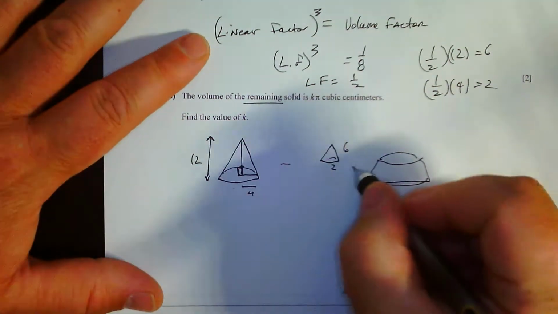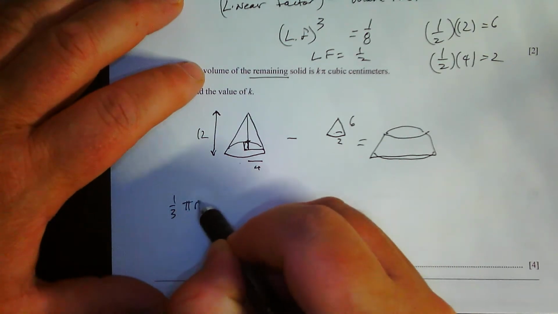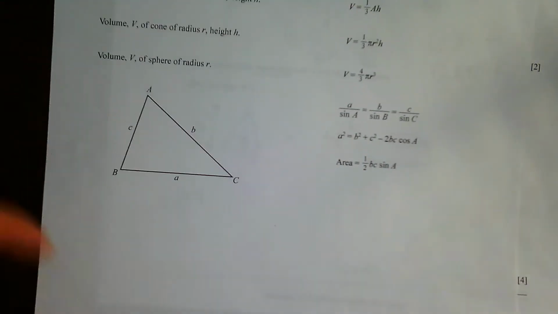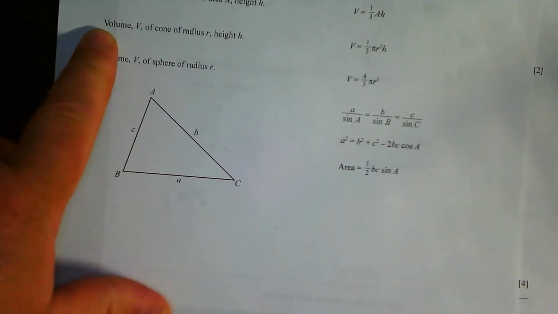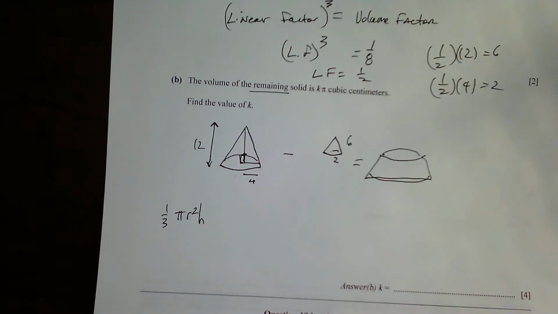Oh, man. All right, so anyway, this is 1/3 pi r squared h. And I remember that, but I'm going to check anyway. So I'm going to get my formula sheet out right here just to make sure. Volume of a cone with a radius of r and a height of h is 1/3 pi r squared h. So we're good there.